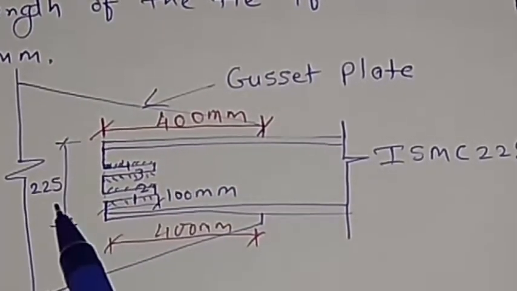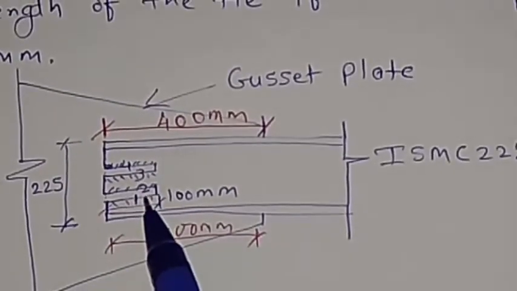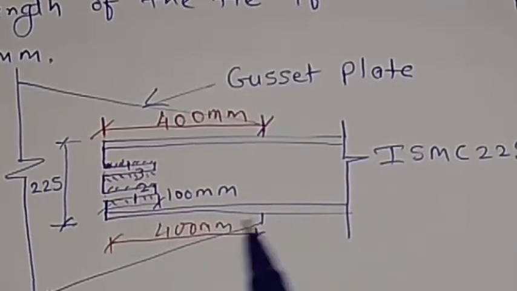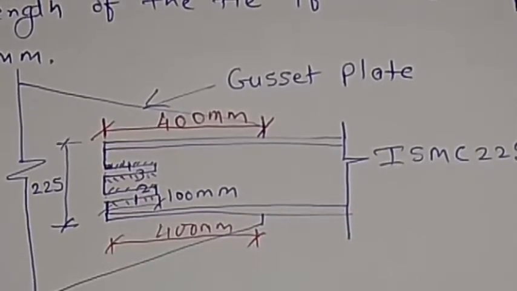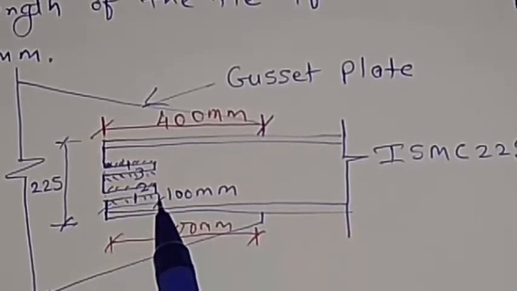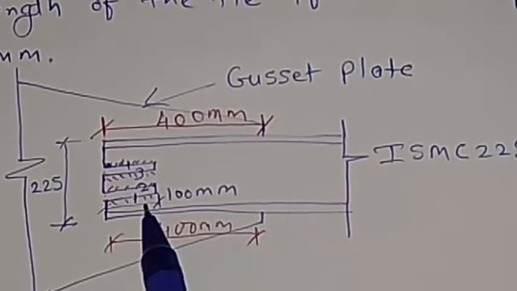So 800 mm plus 225 mm, that is 1025 mm maximum, but you require the total length of the weld, that is 1416. So what you need to do, you need to provide such grooves here, what I have shown here in the diagram. So how much length that groove should be, we will be going.